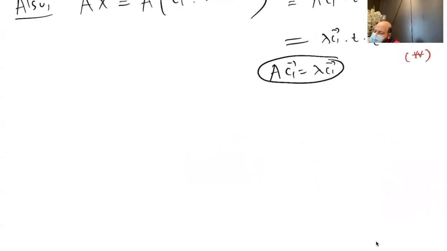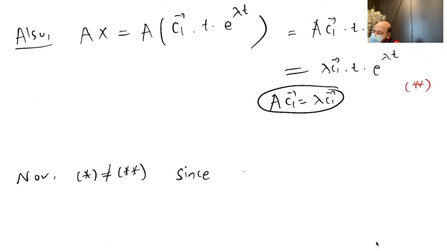So now star cannot be equal to 2 star, since C1 e to the power lambda t is non-zero.